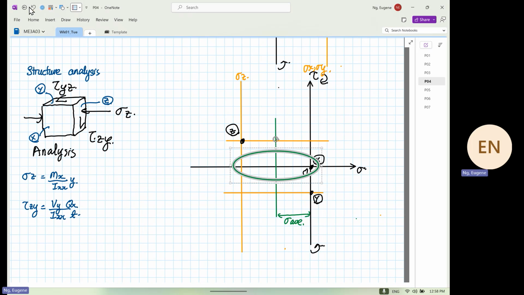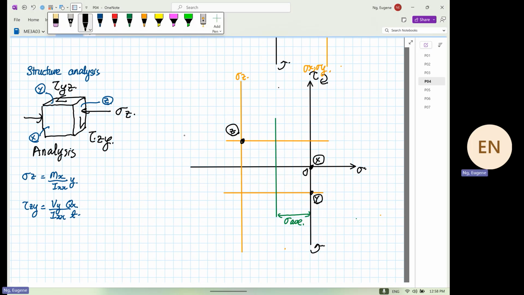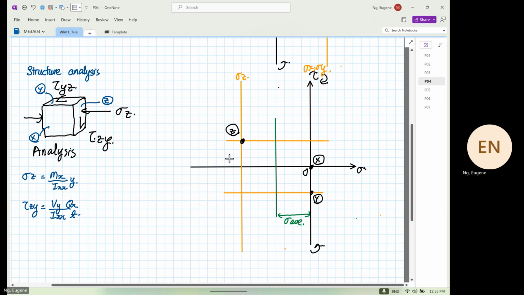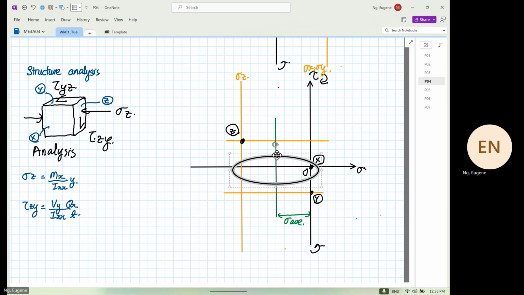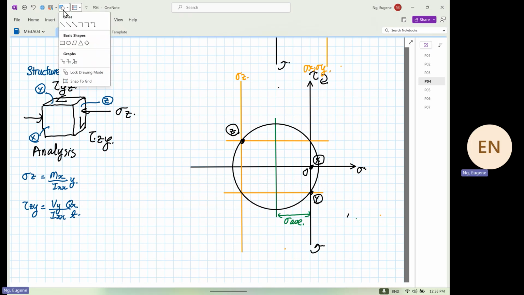I will use a different color. I will sketch a circle now. So this is one of the circles. And then another circle.